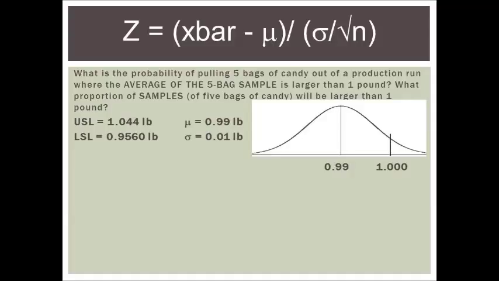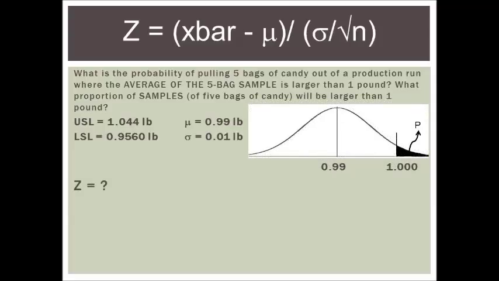So we can draw 1 pound on our normal curve. It is to the right of the mean in this case, because 1 pound is bigger than 0.99 pounds. Now you figure out what portion of this curve we will shade. In other words, which portion of the curve represents the probability that we're looking for in this problem.